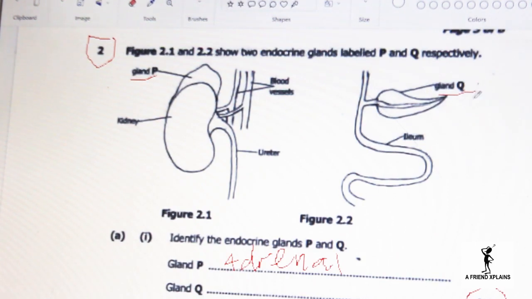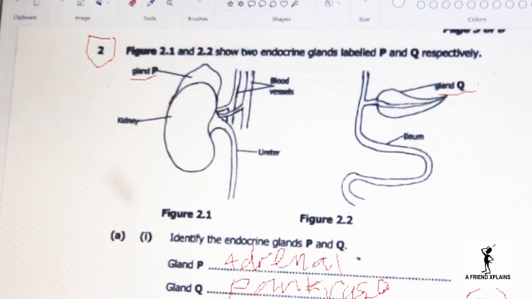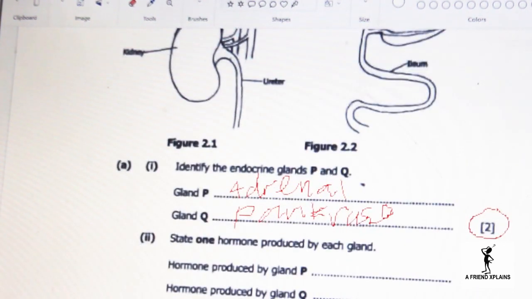If you look carefully at the structure of the digestive system, you go into the stomach, and from the stomach you look at what is near the liver, and you find that this is the pancreas. So there, ladies and gentlemen, we have P being the adrenal gland and Q being the pancreas.